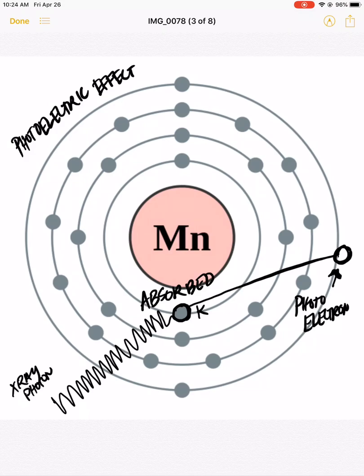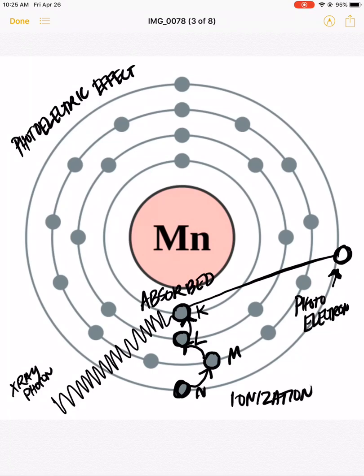And when it gets ejected, now what's going to happen is the L shell is going to fill in. Now remember, the ability to eject an electron is known as ionization.